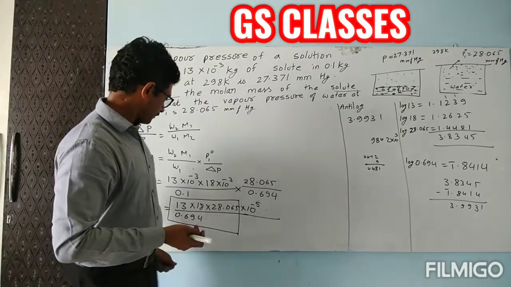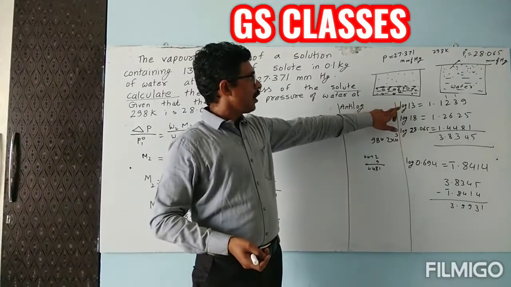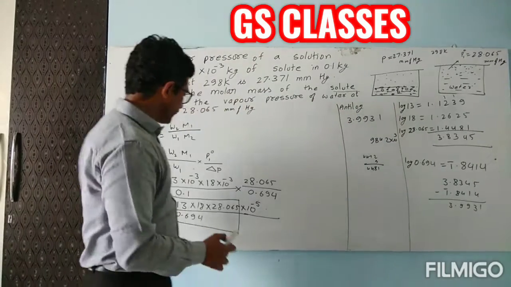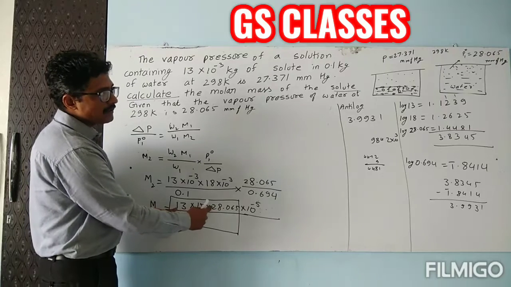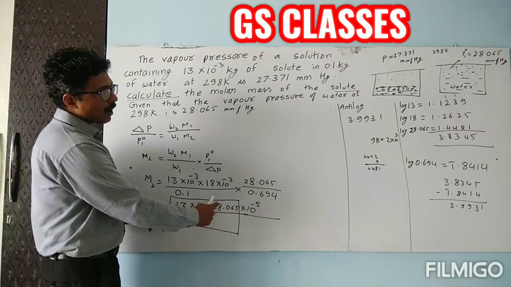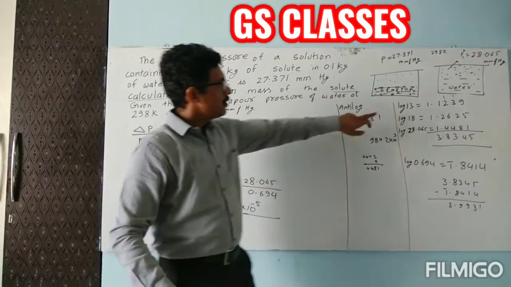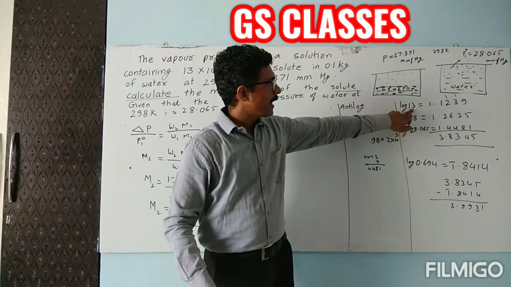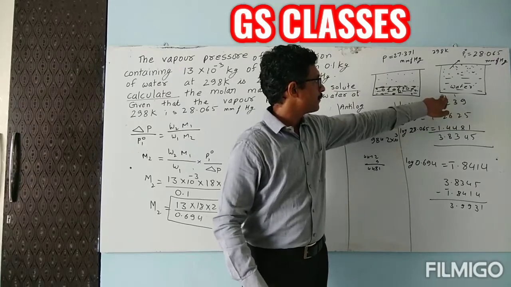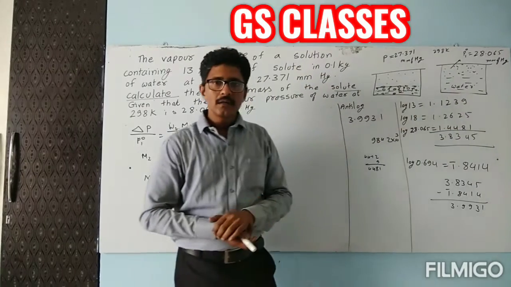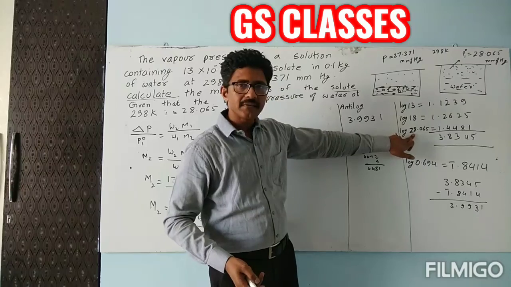Children, here I have written log of every value which is in the numerator and multiplied. I am taking log and I will add it. Log of 13 I have written as 1.111239. Then log of 18 I have taken, log of 28 I have taken.